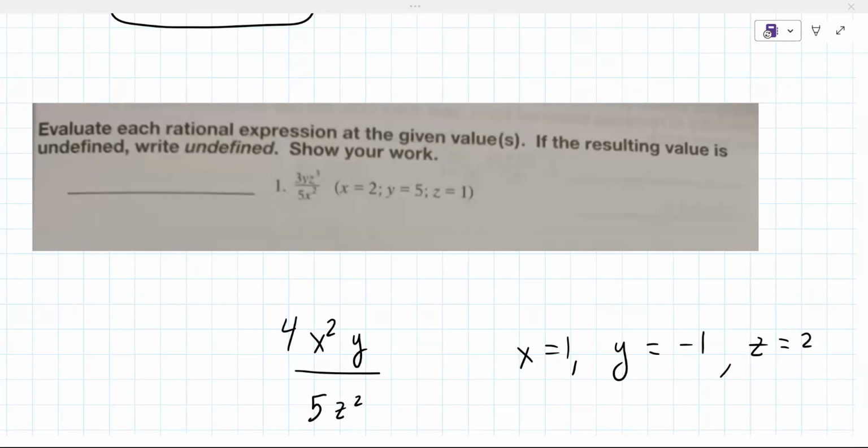35. Okay, parentheses. I don't know. Times, right here, times 1 with 1 cube.